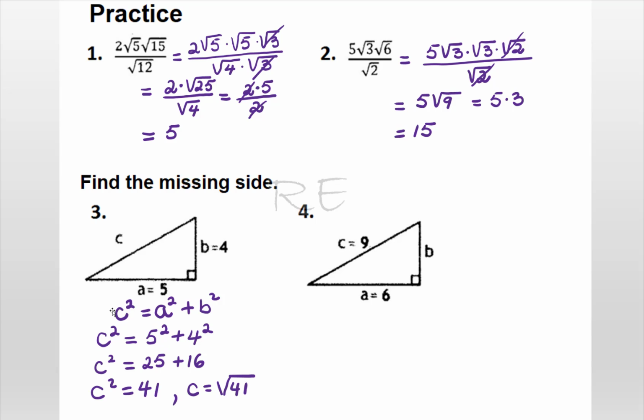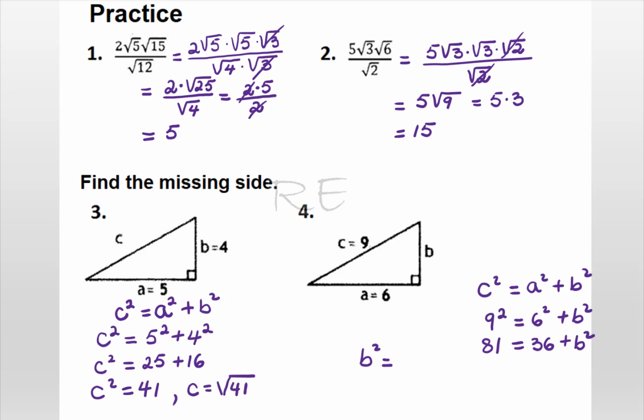For number 4, we ask to find b. C squared is equal to a squared plus b squared. 9 squared is equal to 6 squared plus b squared. 9 squared is 81. 6 squared, 36, plus b squared.